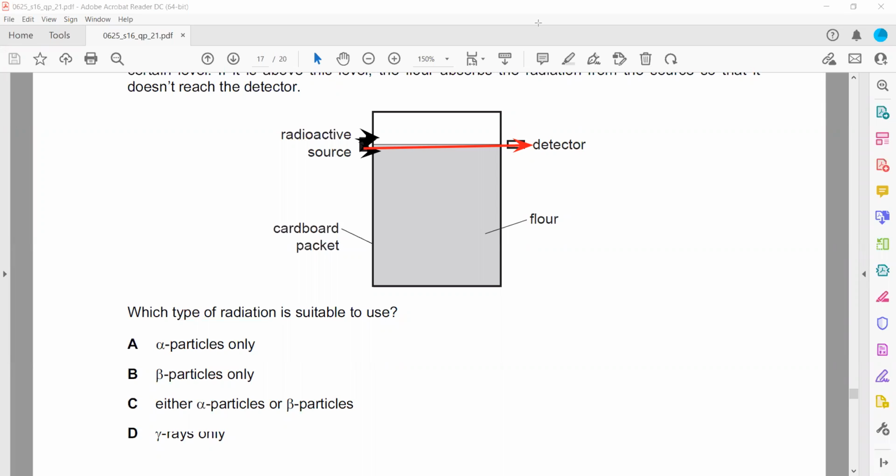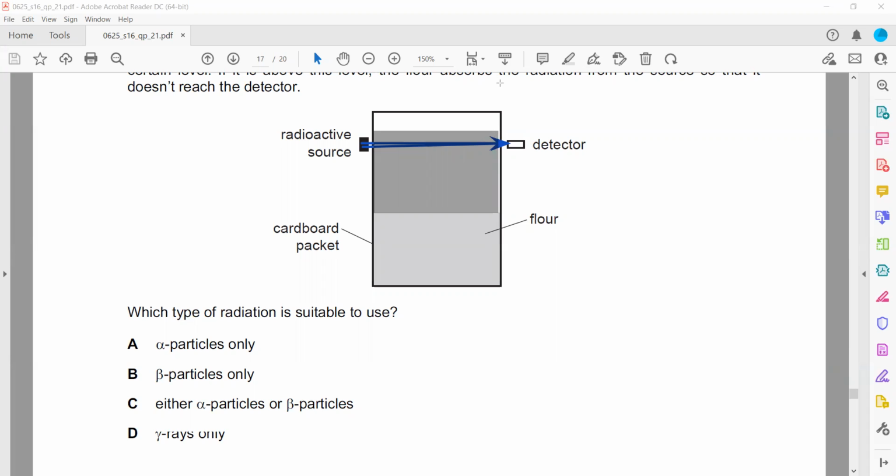Beta is the most suitable because when the level of the floor is below, beta radiation from the source will come out and pass through. But as the level rises, beta cannot pass through this.